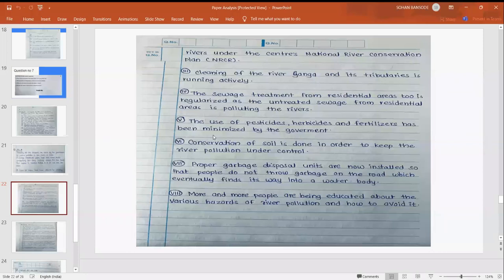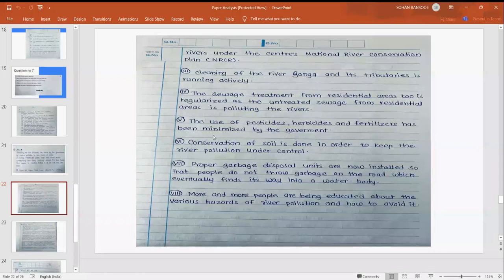Next one is proper garbage disposal units are now installed so that the people do not throw garbage on the road which eventually finds its way into the water bodies. Last one is more and more people are being educated about the various hazards of river pollution and how to avoid it. Okay, so I have written in a sentence format.